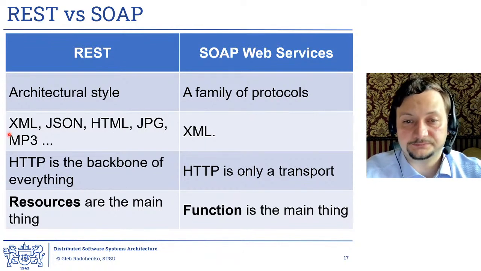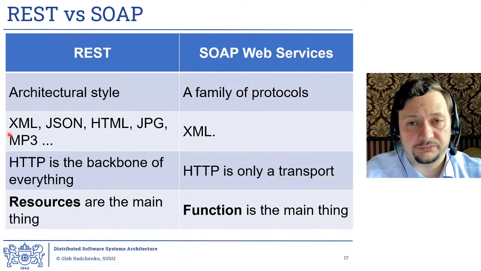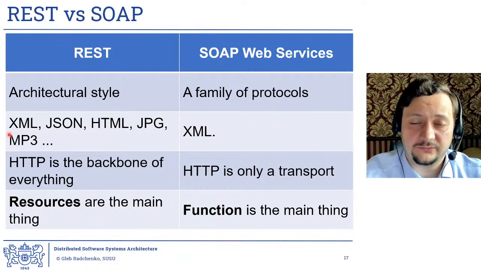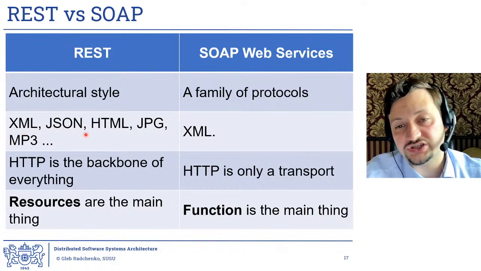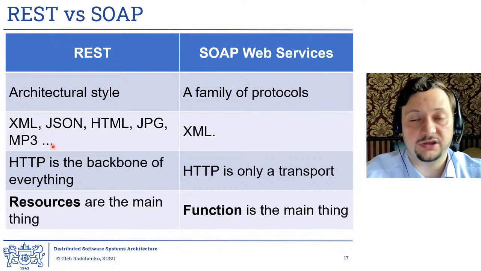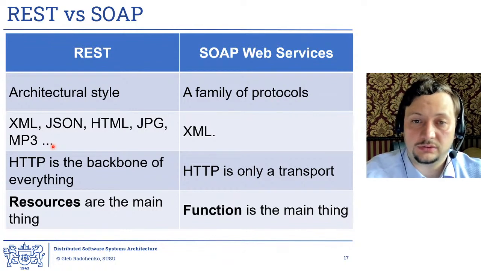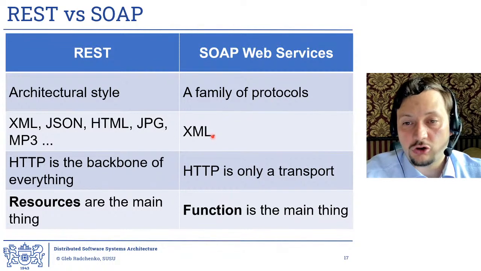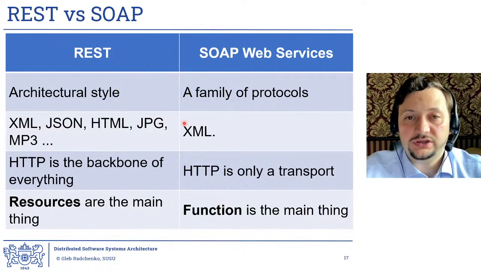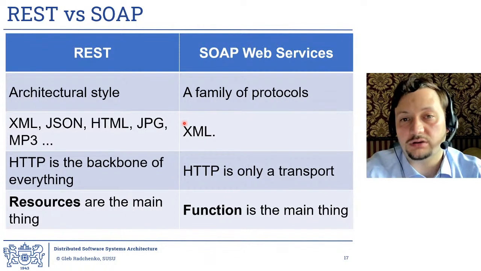REST can use anything as a basic medium for representation of data. It can use XML, JSON, HTML, JPEG, MP3. Anything would be a resource in the REST concept. In SOAP Web Services, if you want to pass something, you need to wrap it inside XML.